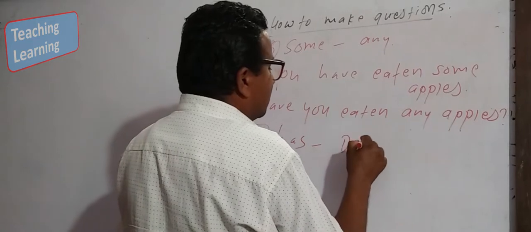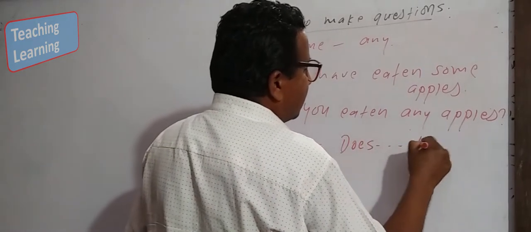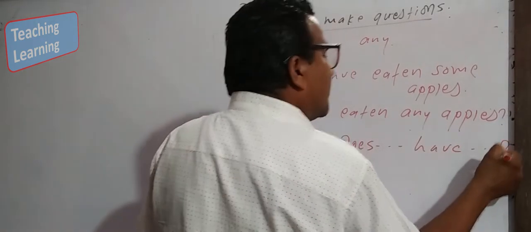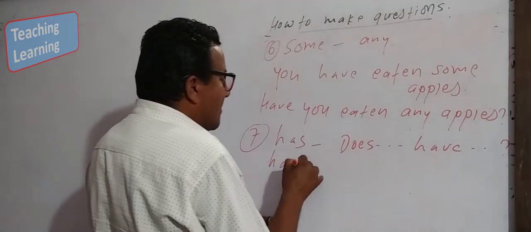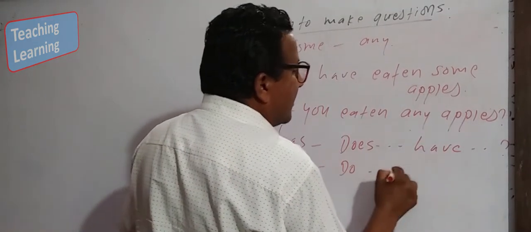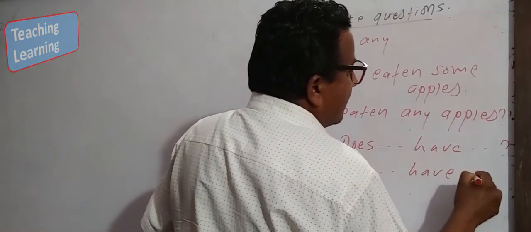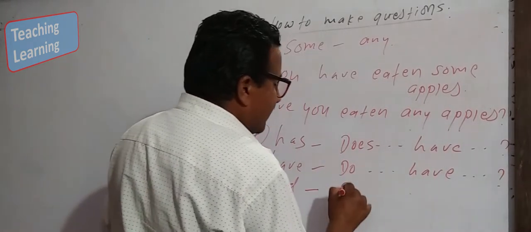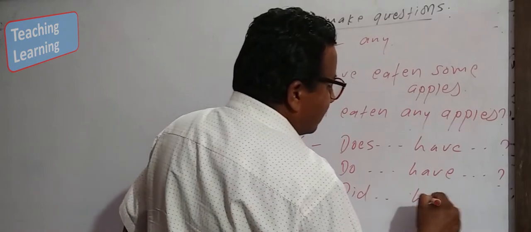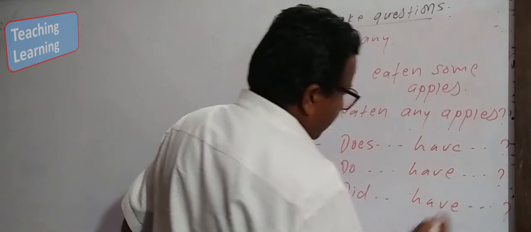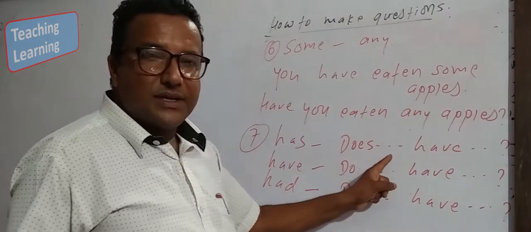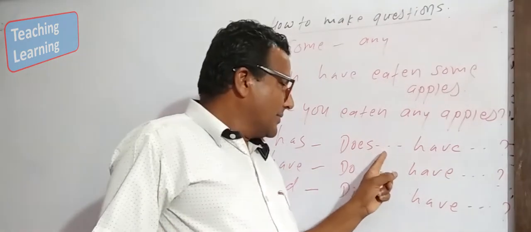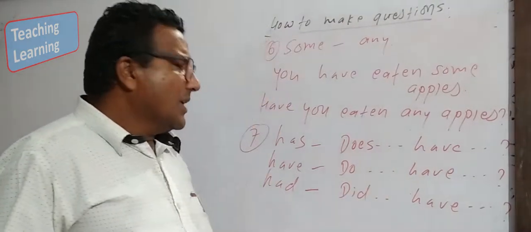Has, does have, have, do have, had, did have. We have to use the subject in these blanks.